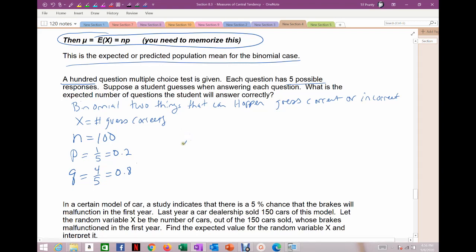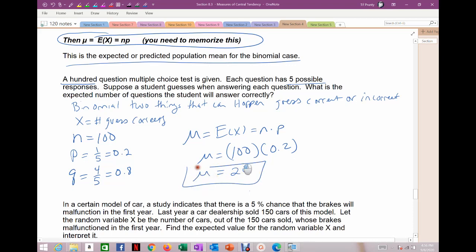We want to know the expected value. Well, the expected average in this case would be N times P. And so we would expect out of 100 tries, the probability of success is 20% on each question. So it would be 100 times 20%, which is 20.